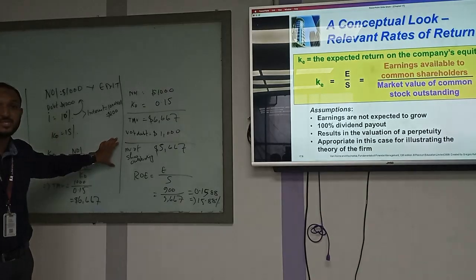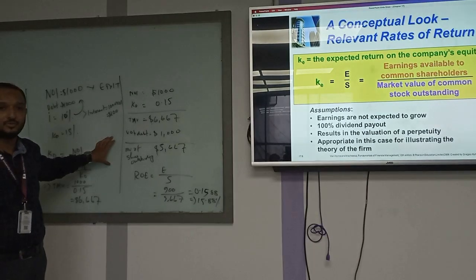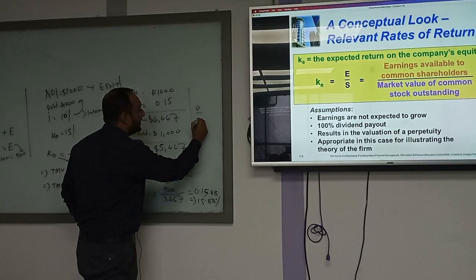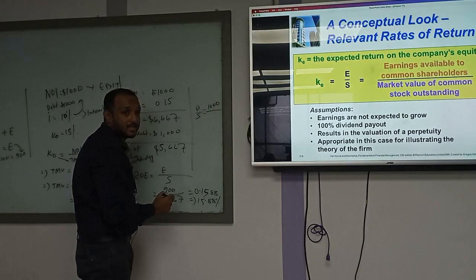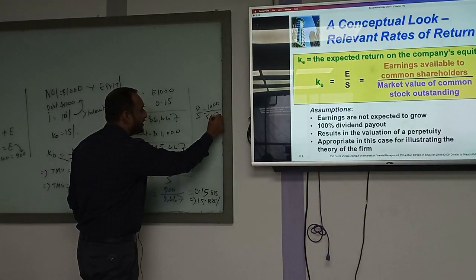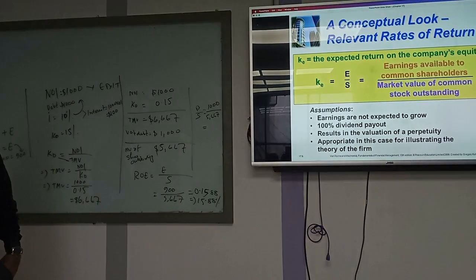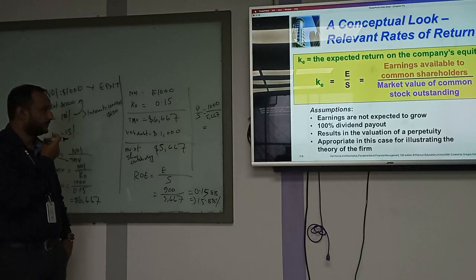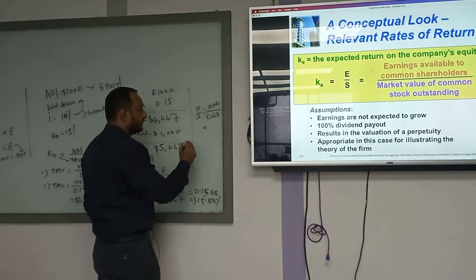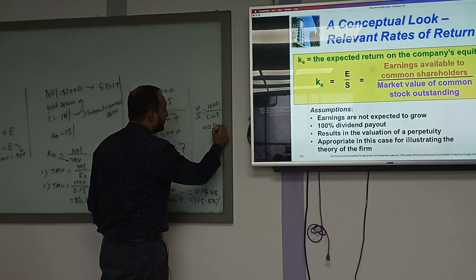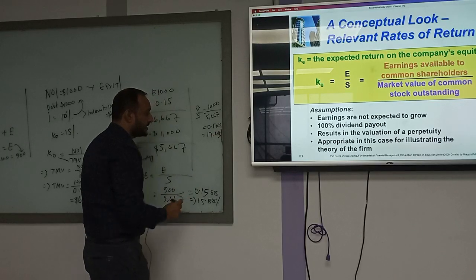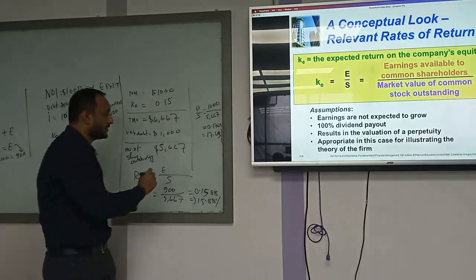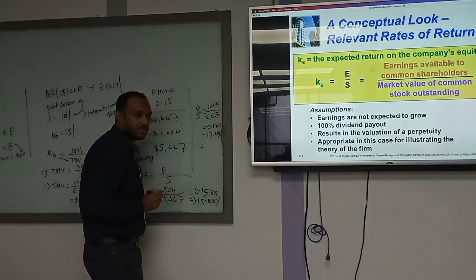So what is my actual capital structure here? The capital structure means B divided by S. Yes, okay. So what is my bond, meaning debt, here? 1000. Shares are 5667. What does it come to? 0.17646. Okay, then I can say that it is 17.64 or 65%. This is my capital structure.